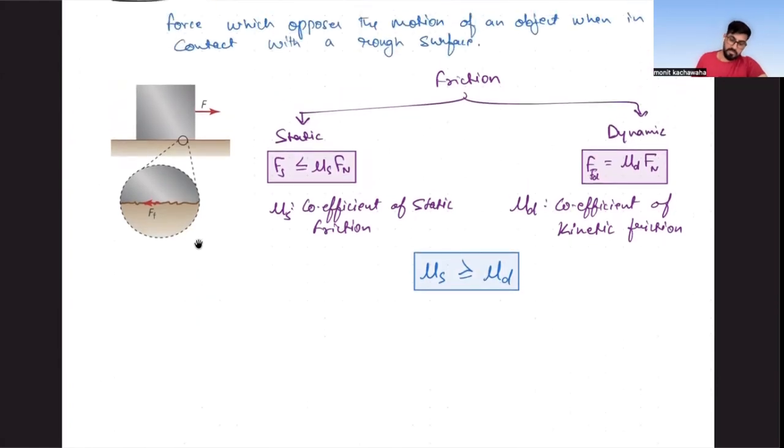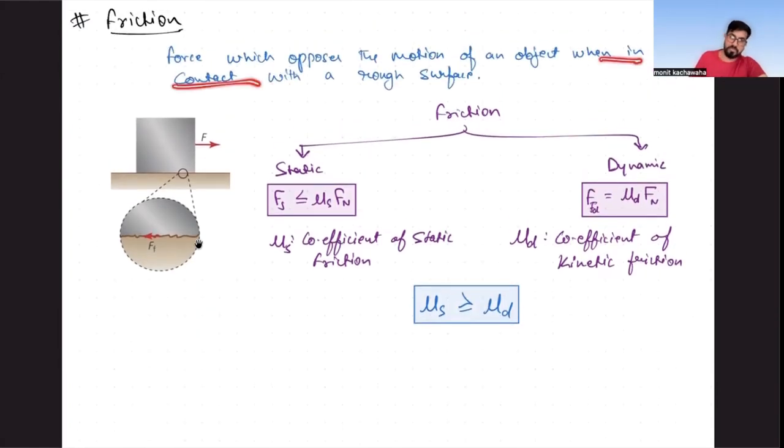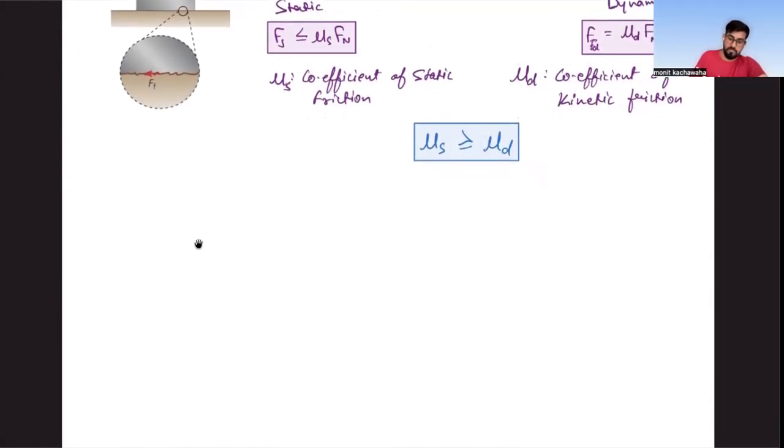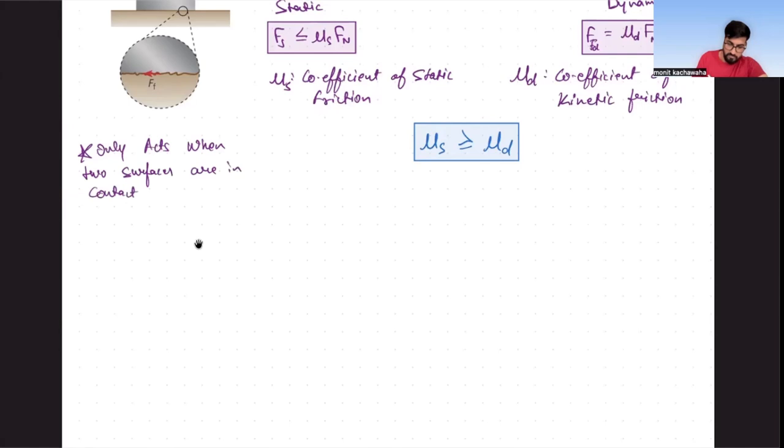And please do remember this: friction only acts when two surfaces are in contact with each other. If two surfaces are not in contact, then the friction force will never ever exist.